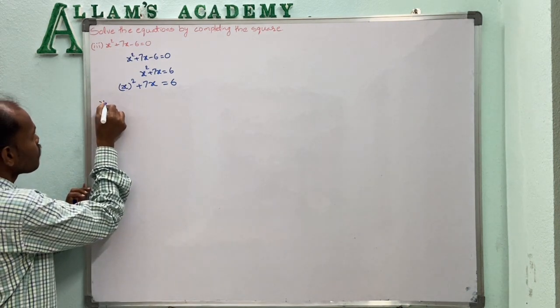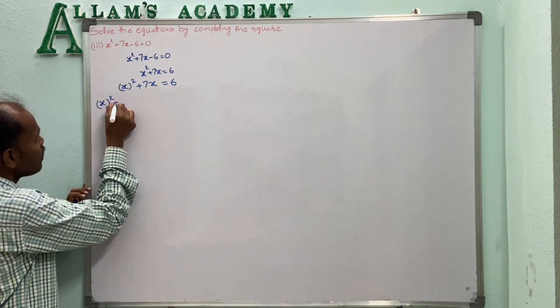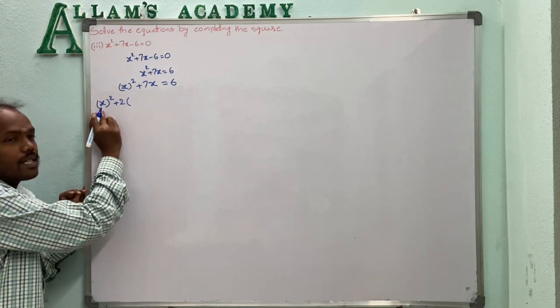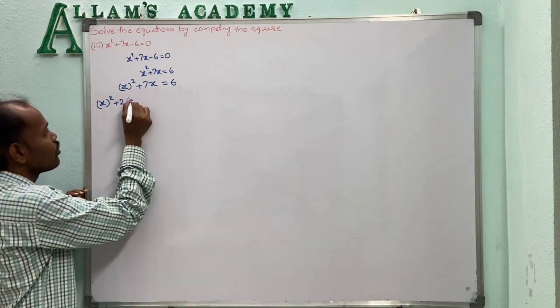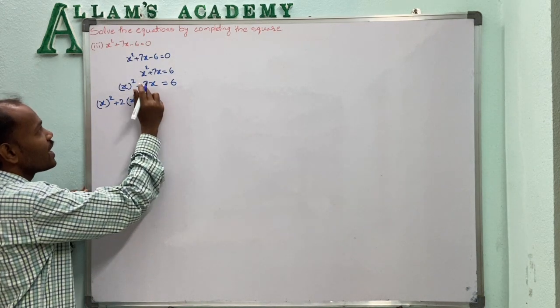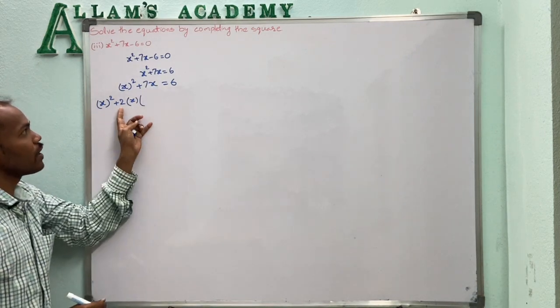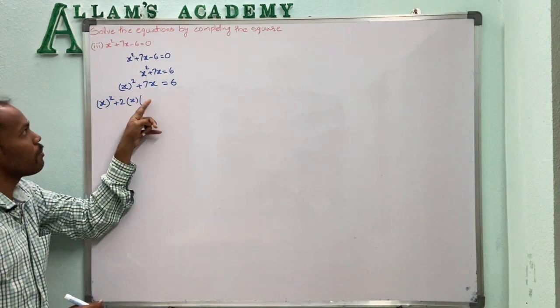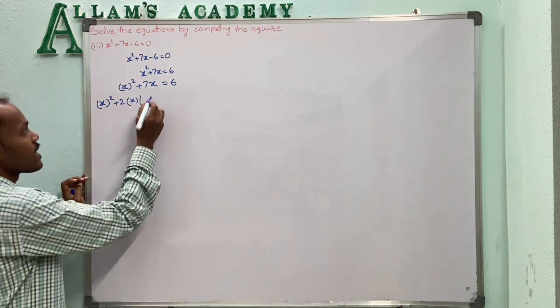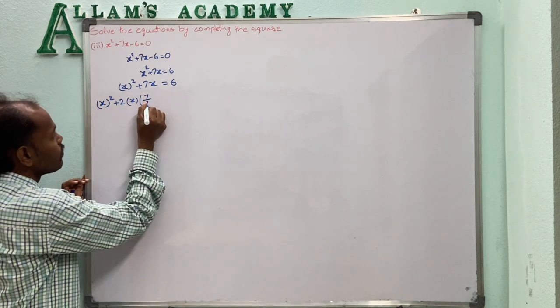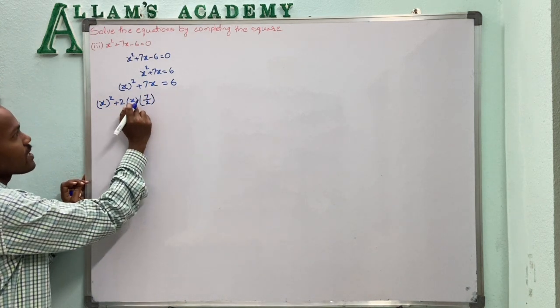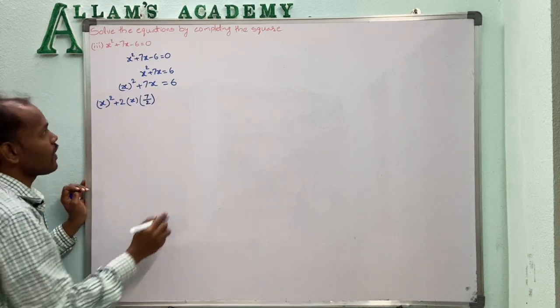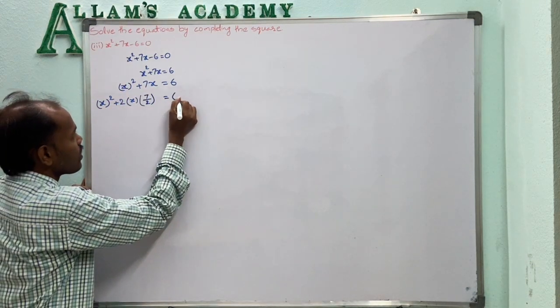Now that 7x term is to be treated as the 2ab term. So now x whole square plus 2ab. So 2 into a term, taking a as x, that means 2 into x, and here 7x only is there. So 2x is multiplied with what number we get 7x, that is nothing but 7 by 2. So 2 gets cancelled, x into 7 is nothing but 7x. Now it is equal to 6.